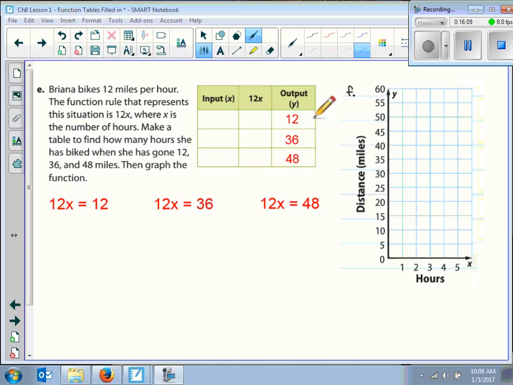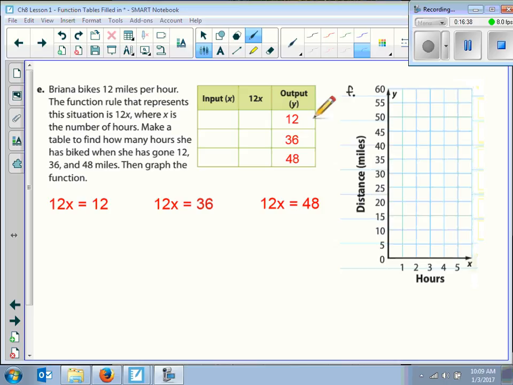Make a table to find how many hours she has biked when she has gone 12, 36, and 48 miles. Then we graph, okay? So 12, 36, and 48 are, we are going to solve for the x values. So 12x is equal to 12, 12x is equal to 36, and 12x is equal to 48.